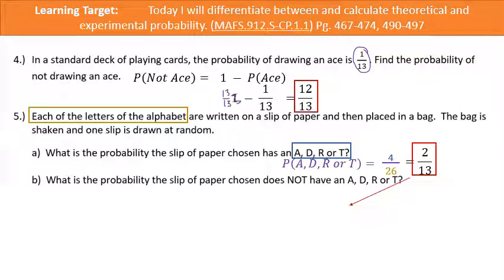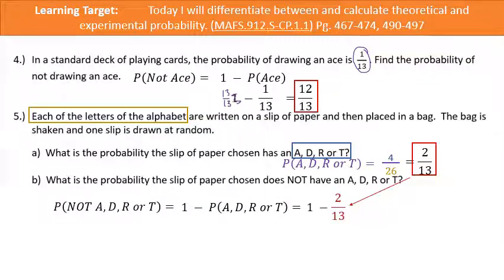Okay, now what's the probability that the slip of paper chosen does not have an A, D, R, or T on it? Remember, the probability that it's not A, D, R, or T is equal to 1 minus the probability that it is an A, a D, an R, or a T. So what is that probability?